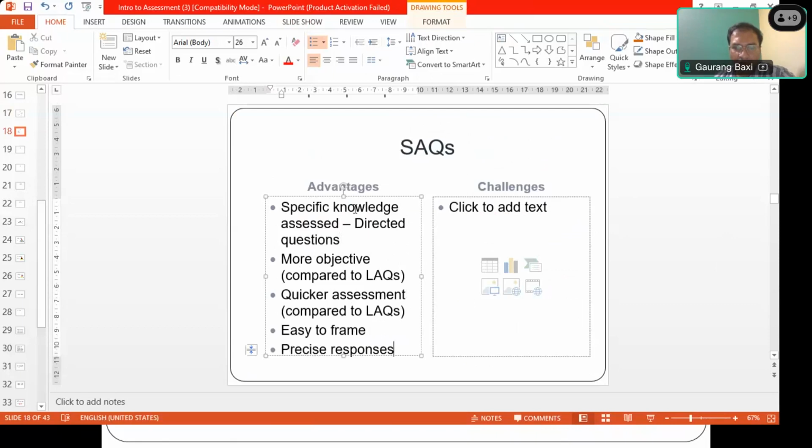So what makes these two points possible? Easy to prepare and precise responses. It reduces the stress among even the assessee, sir. Because he has to answer specifically, it reduces stress or anxiety. What do others feel about this?